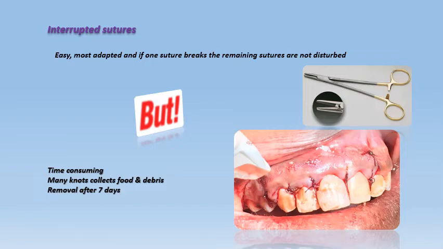How do we make this suture? I take my needle from the free to the attached. I enter the interdental papilla from the labial side, then I bring the needle out from the lingual side, then I pass my suture thread again to the labial side, and I make my knot. What is the sequence of working in this suture?